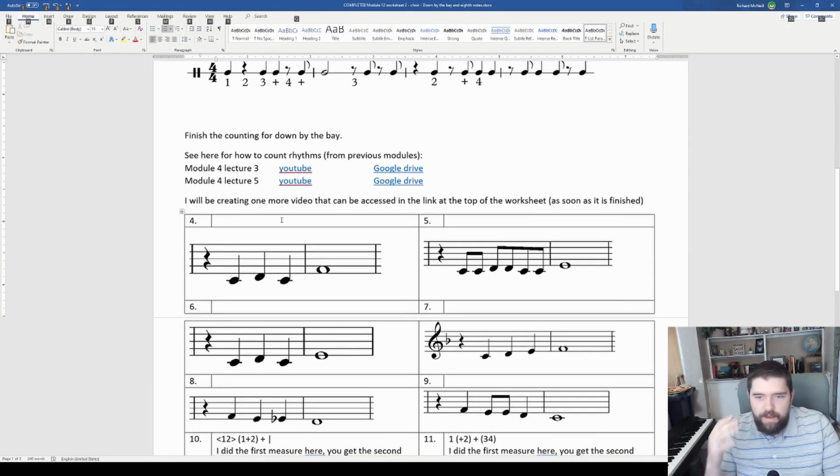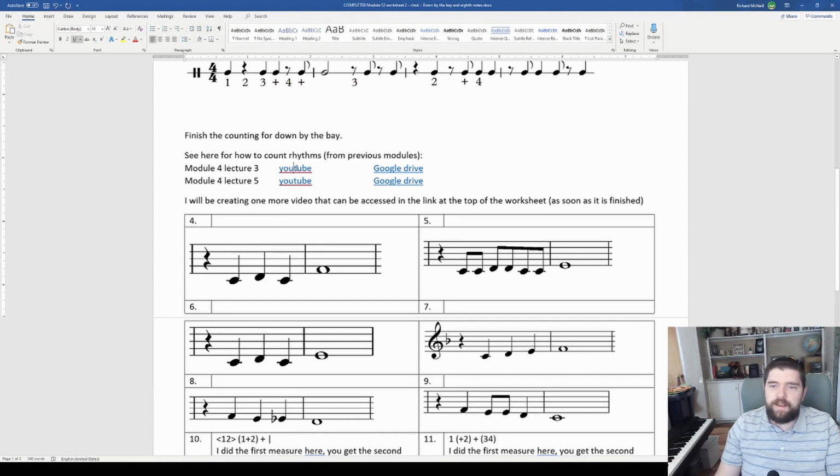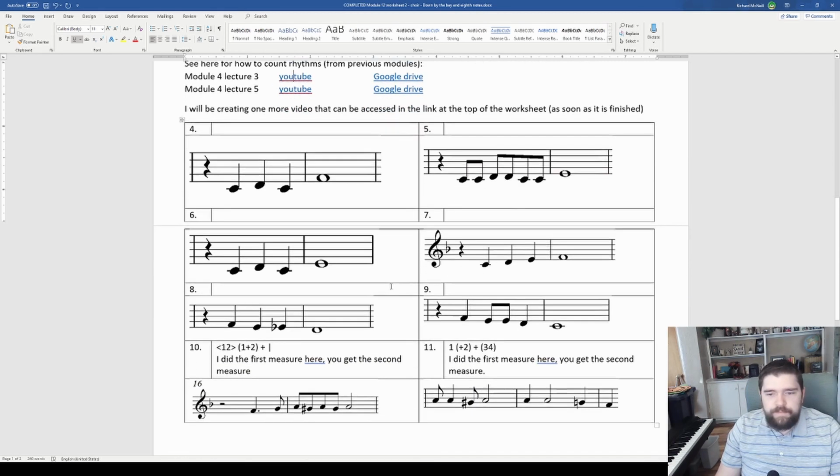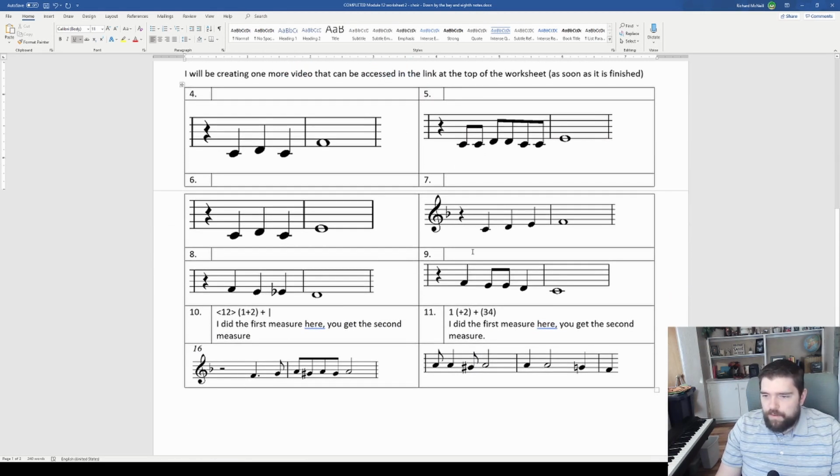This has some of the other rhythms that we have worked on before. If you need to, go back and take a look at these lectures that I have already posted on YouTube and Google Drive. Go watch the videos if you don't understand how to count these rhythms of quarter notes, whole notes, quarter rests, and all the rest of that.